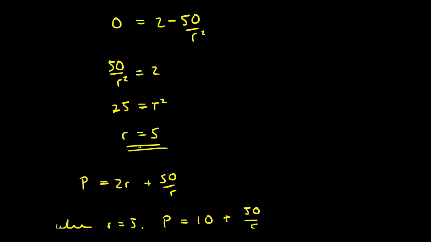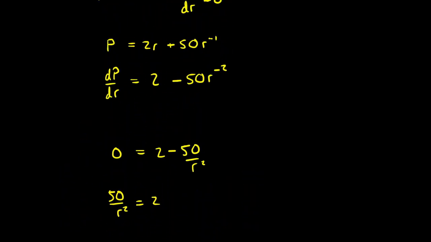Lastly, we should show that this is a minimum. How do we show that this is a minimum? Well, we want to find the second derivative. So I'm going to differentiate this again, d2p dr squared, which is going to give me positive 100 r to the power of -3, which is 100 upon r cubed. And you notice that it doesn't matter what r is. For any value of r, r has got to be positive, which means that r cubed is positive.